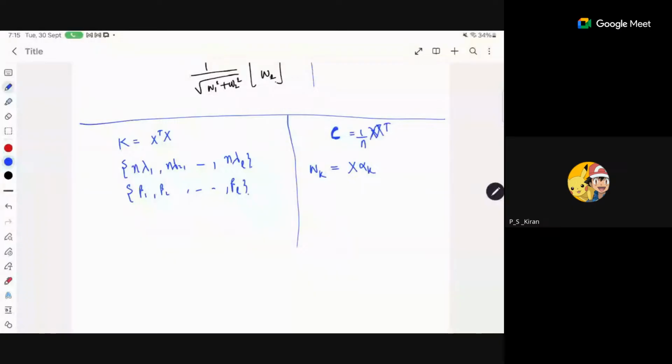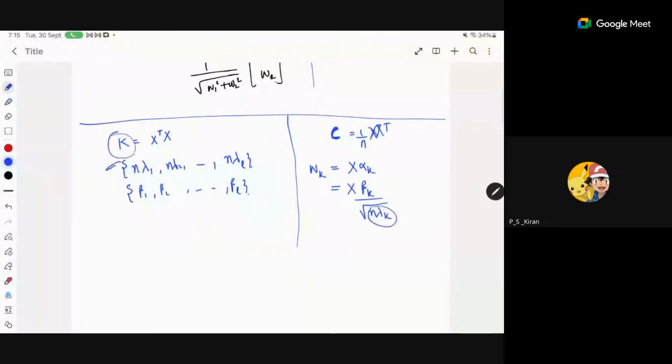So we wanted to get rid of that. And how did we get rid of that? We found that this alpha k can be written as beta k by under root of n lambda k, where beta k are the eigenvectors for the matrix K, and n lambda k are the eigenvalues for K.